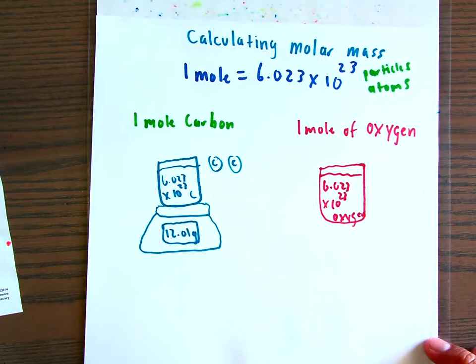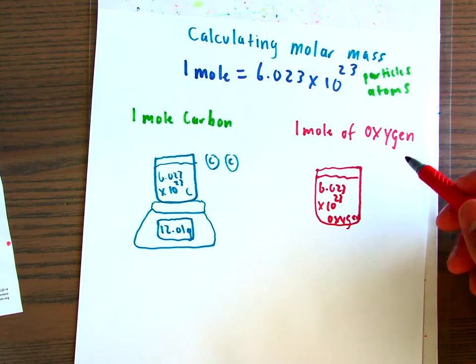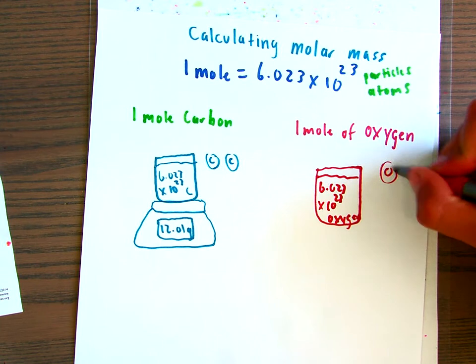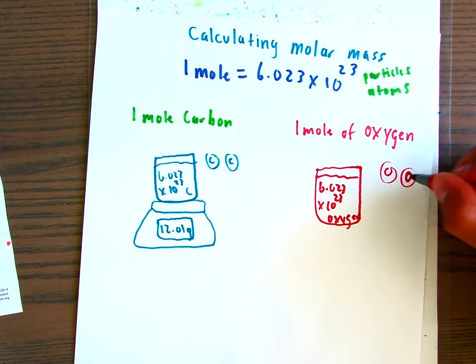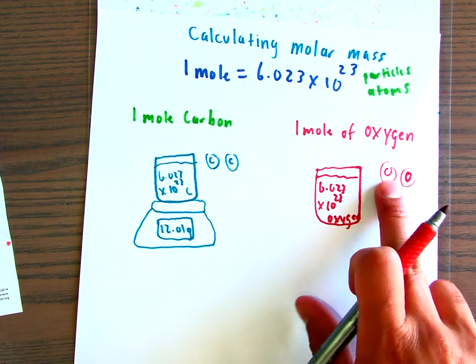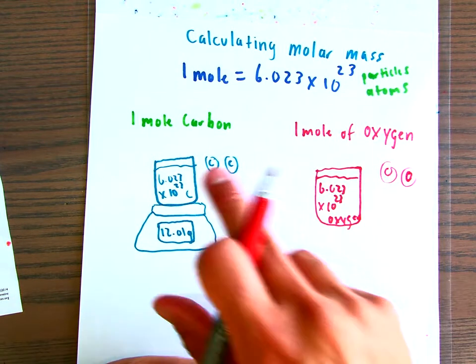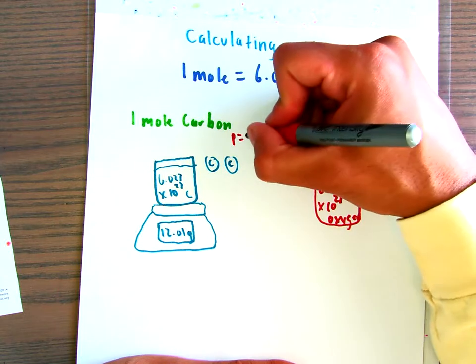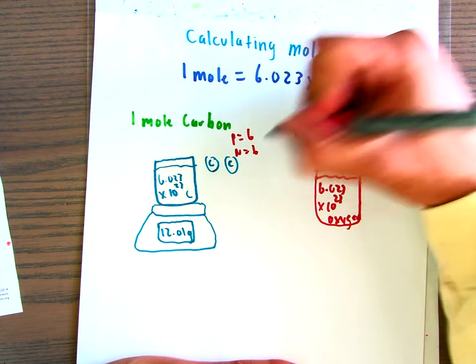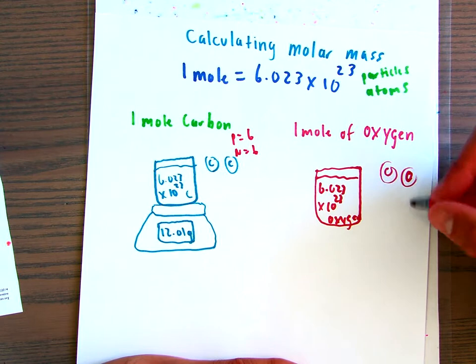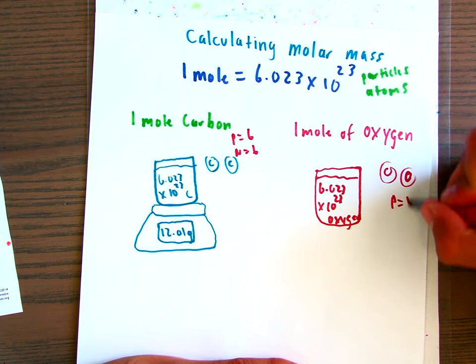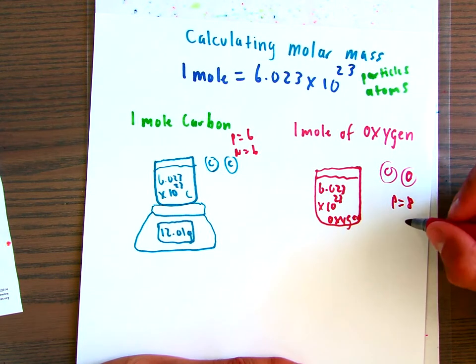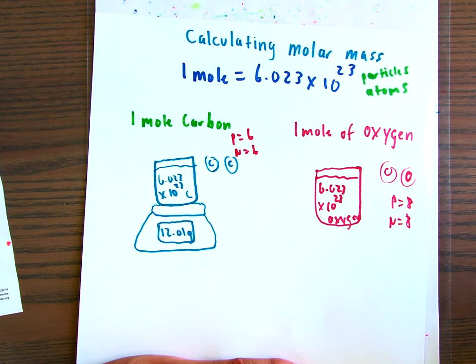Oxygen atoms, they're not bigger than carbon, but they actually have a bigger mass. That's because each carbon atom has 6 protons and 6 neutrons, right? Whereas each oxygen has 8 protons and 8 neutrons. I'm not talking about electrons because electrons don't contribute to the mass.